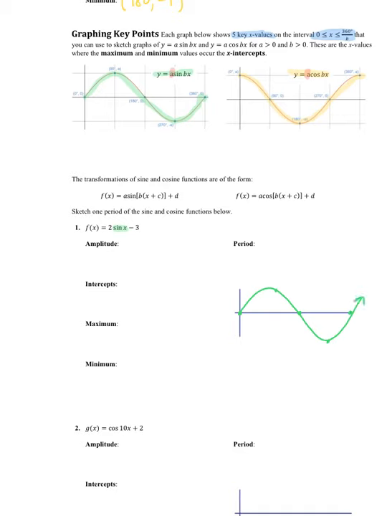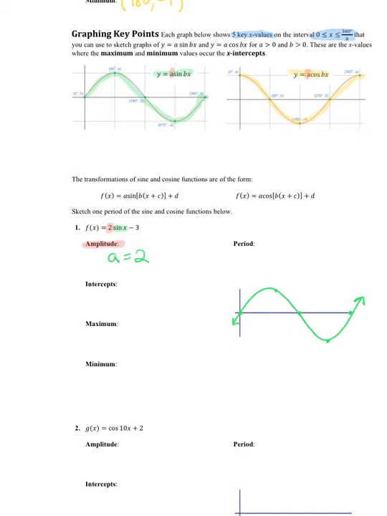And then I can sketch it. That's a sine function. I don't know any of the other values yet, but I know this function is going to look like that. Now, the key here is I see there's an a value of 2 in front. That's our amplitude. So this is going to be a equals 2.